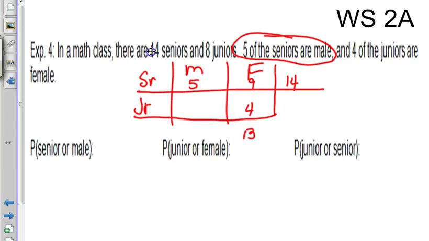But it said there were 8 juniors total, right? So how many male juniors? 4. So a total of 9 males, right? And a total of how many people altogether? Seniors and juniors add up to 22, and male and female adds up to 22. Are we good?